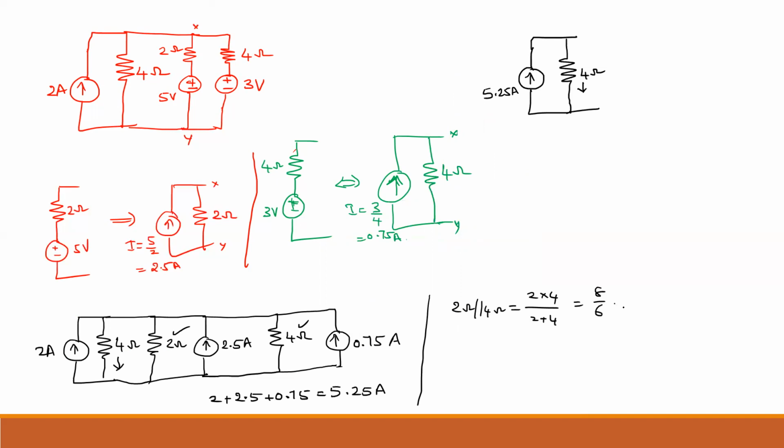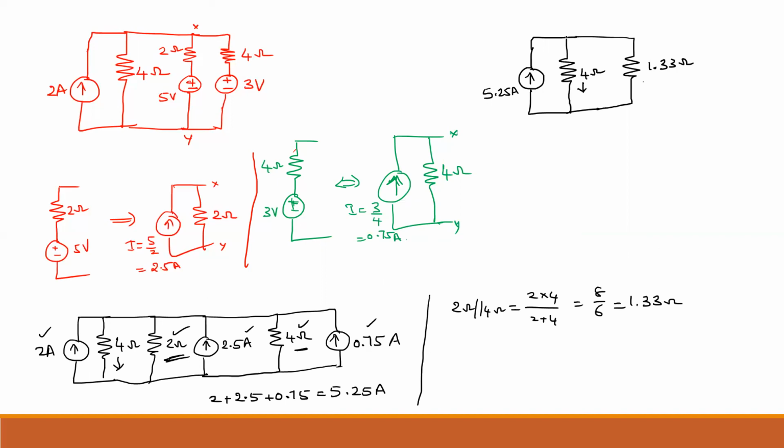So 8 by 6, which is 1.33 ohm. So now I simplified all the branches because 2 ampere, 2.5 and 0.75 I covered, and the 4 ohm I drew here, and this 2 ohm and this 4 ohm connected in parallel gave 1.33 ohms.